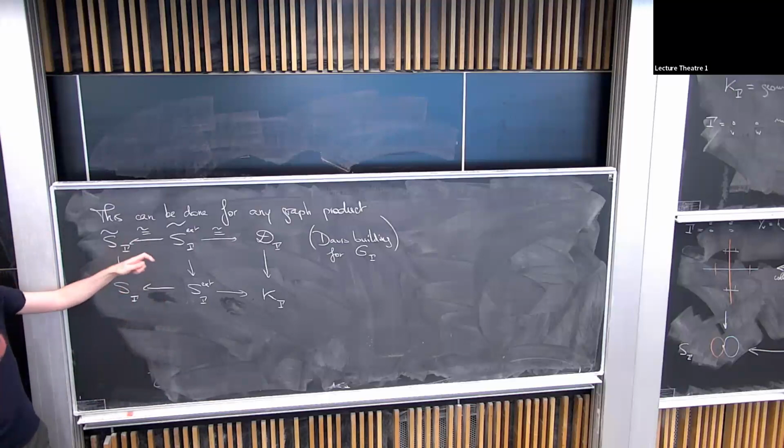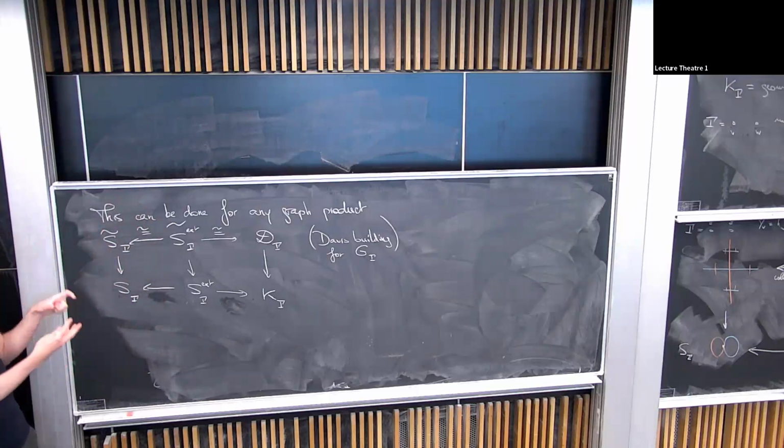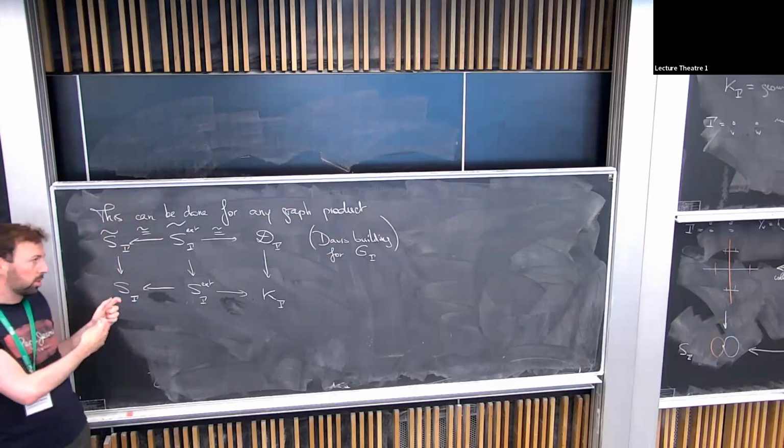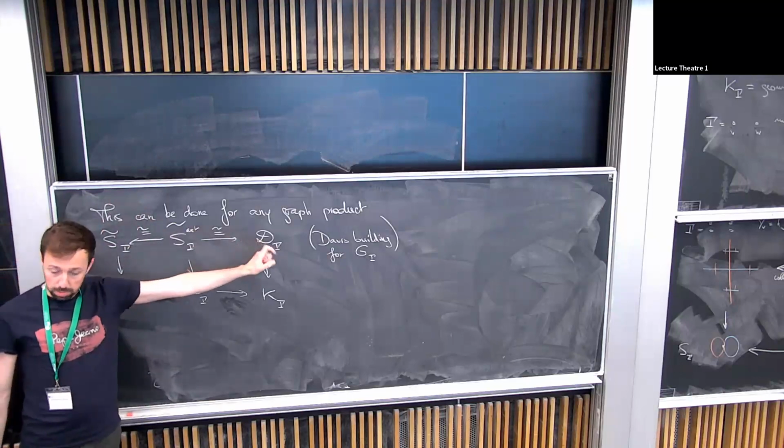If you just look at the RAAGs, already the Salvetti complex is a nice CAT(0) cube complex in its own right, so you can just use that geometry to understand that RAAG. Most people study CAT(0) cubical groups from the point of view of their Salvetti complexes without looking at the Davis building, but you still can.